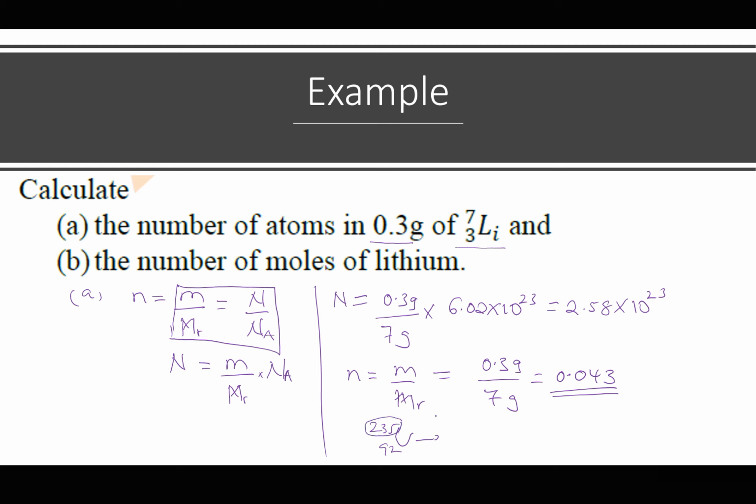In other words, 1 mole of uranium-235 will have a mass of 235 grams, because this is the nucleon number in grams. So I want you to always recall and remember that.